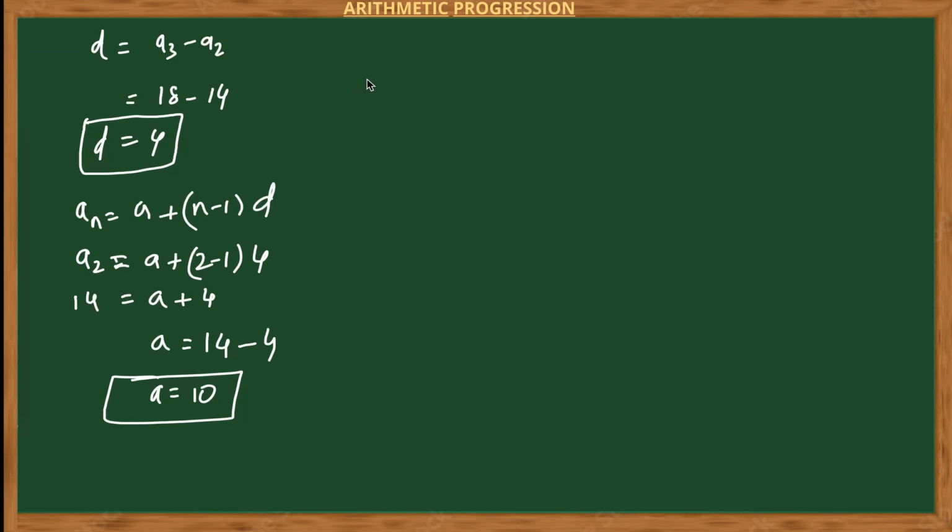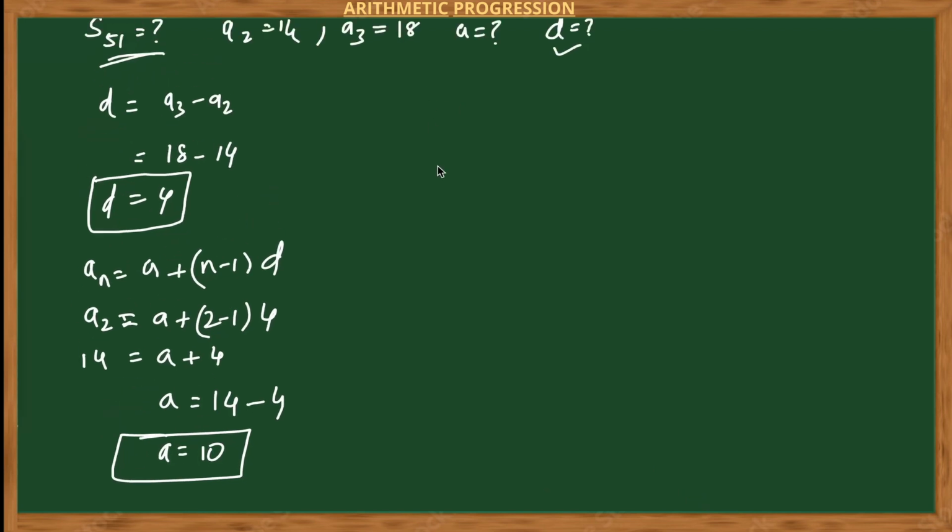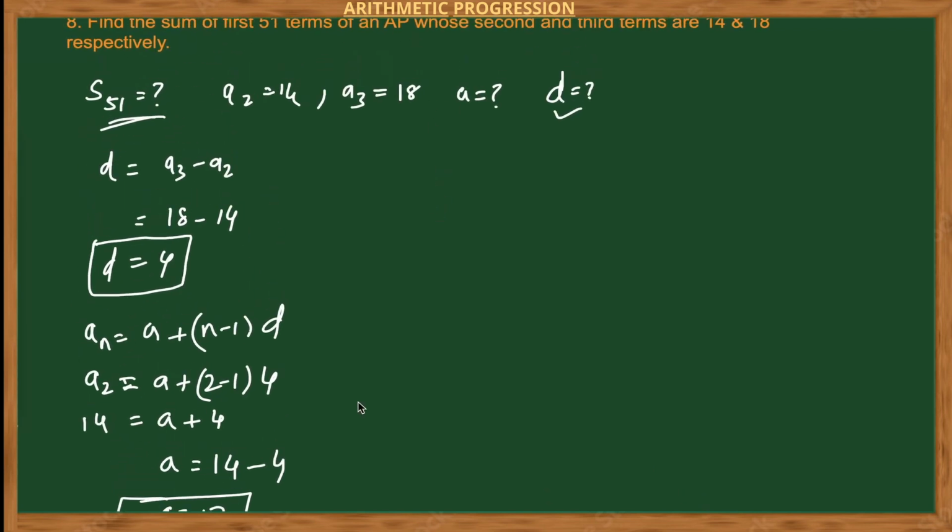Now that we have the values of a and d, can we find the sum? So what is the formula? Sn is equal to n by 2 into the bracket 2a plus n minus 1 into d. We have the values here.